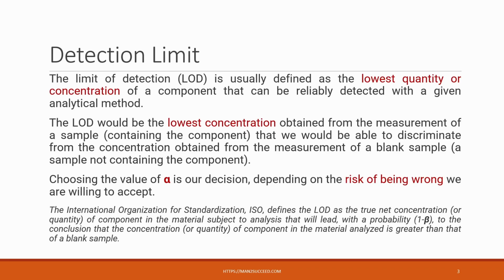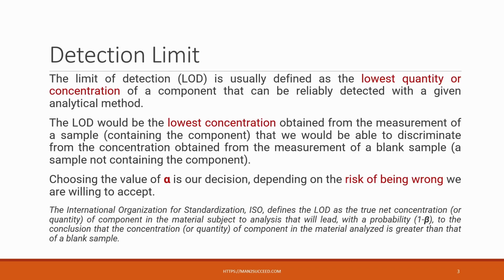The alpha value can be 1%, 5%, or 10%. Especially when we calculate ANOM, 10% is always desirable because we take the lowest quantity of concentration and that should be accurate. That is what we expect.